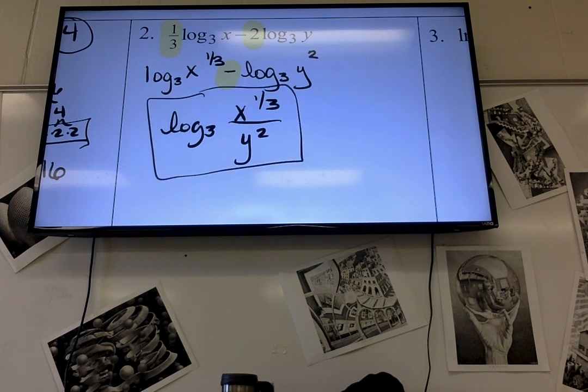This is okay. Or you may see it like this. X to the 1/3 could be rewritten as the cubed root of x. It doesn't matter which way, but just like if it was multiple choice, I want you to be familiar with both.